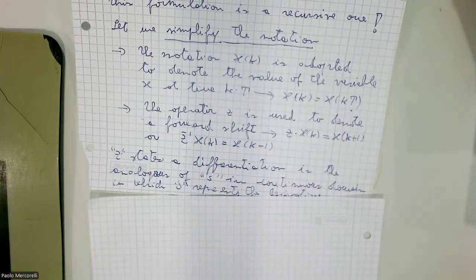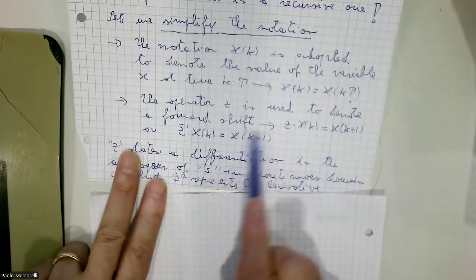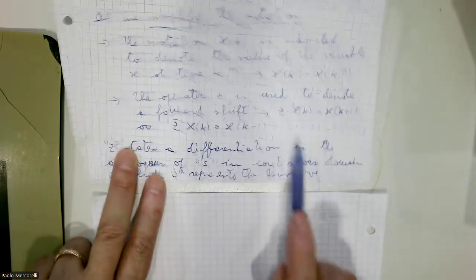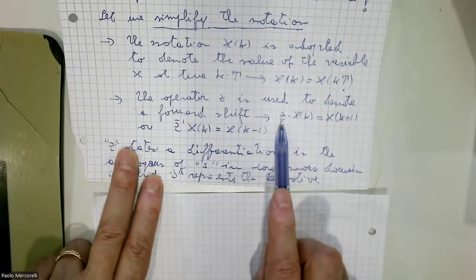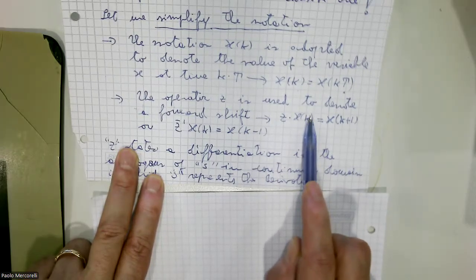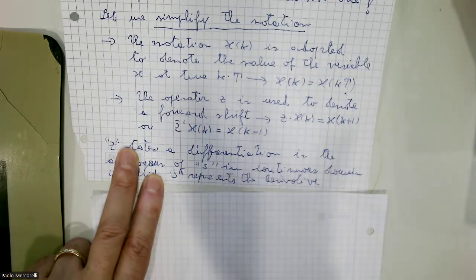Now, I would like to introduce the concept of the variable z as an operator, a shifting operator. We can see here that we define this element in this form: z multiplied by x of k. Think about x of k multiplied by T, but T is there always in the argument.